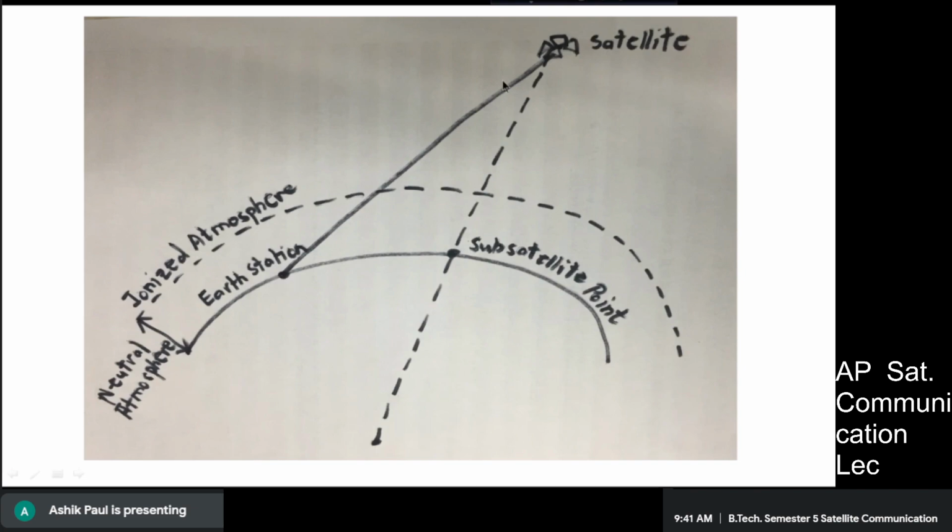So, if this is the satellite from which the Earth station is trying to receive signal, then when you join the center of the Earth with the satellite, the point on the surface of the Earth where it penetrates is known as the sub-satellite point. This definition is important to remember because it is used in a lot of cases of satellite communication.